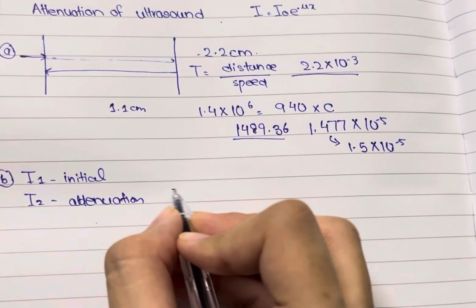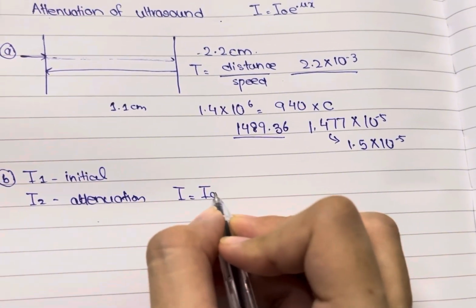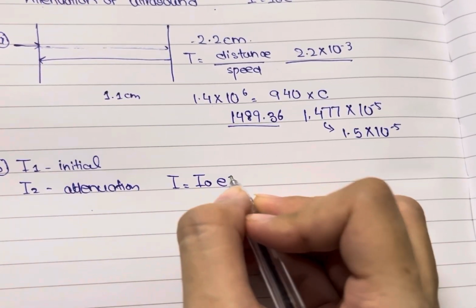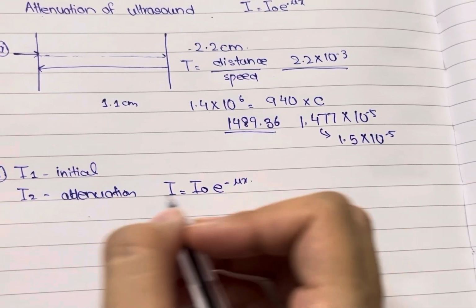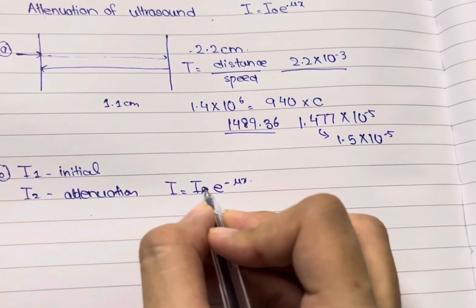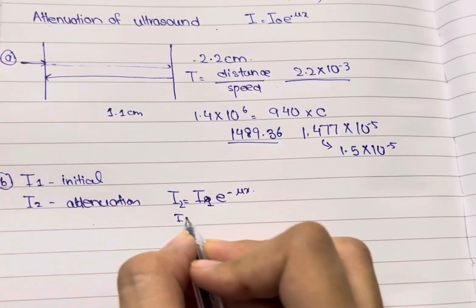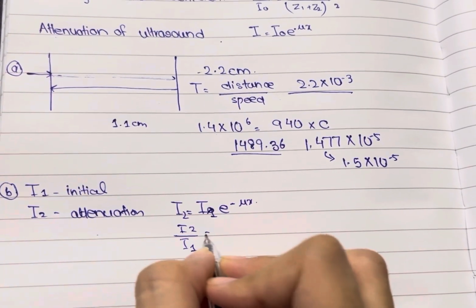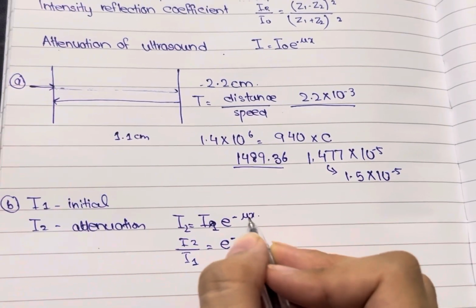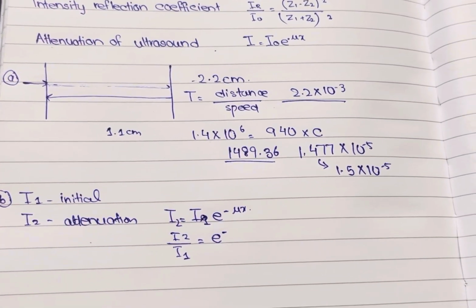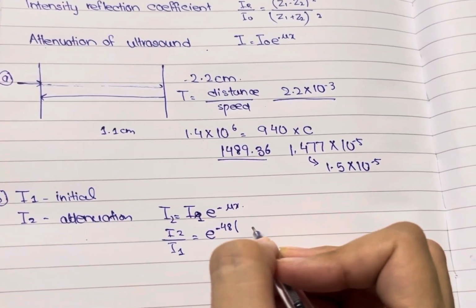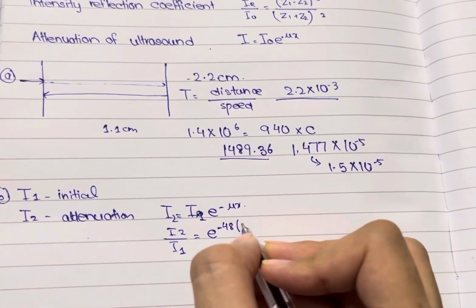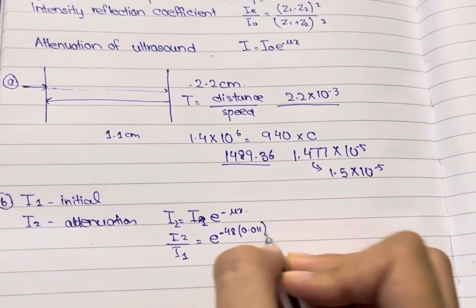Then I is equal to I naught e raised to the power minus mu x. I naught is the original intensity, which is I1, and this is I2 essentially. So I2 over I1 is simply going to be equal to e raised to the power minus mu, which is the attenuation coefficient that has been given to us as 48, and x is the thickness, which is 1.1, and we're just going to write 0.011 because we need to convert 1.1 into meter.